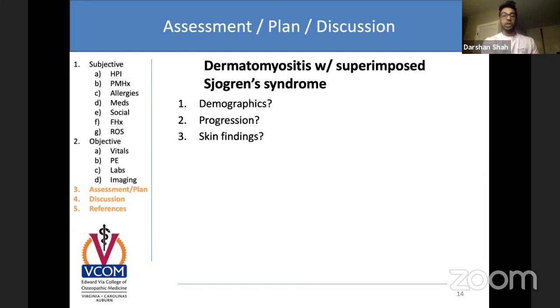If you're on a laptop, definitely just pull up Google Images and type in dermatomyositis and take a look at the rashes that you'll see. And how do we diagnose this, right? At what point can we say, oh, we've diagnosed dermatomyositis? And what are the complications that we can see with dermatomyositis or Sjogren's syndrome?